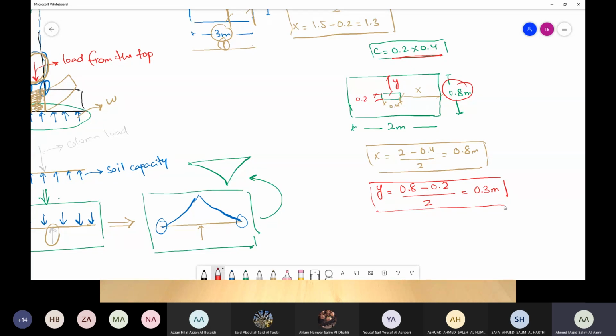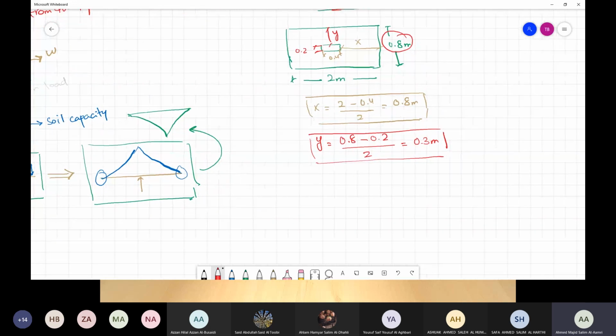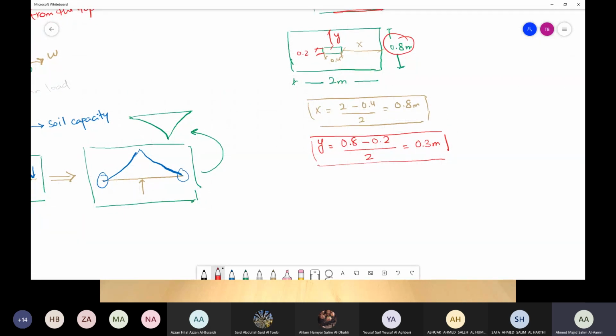Now remember, when you draw the bending moment for this scenario, you will be having two sides. So there will be one bending moment like this for the 2 meter side, and you will be having another bending moment on the other side, which is like this.